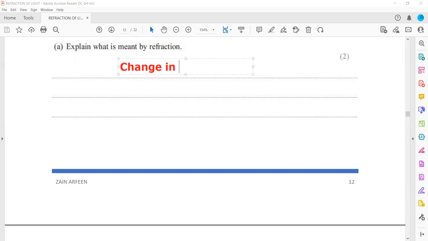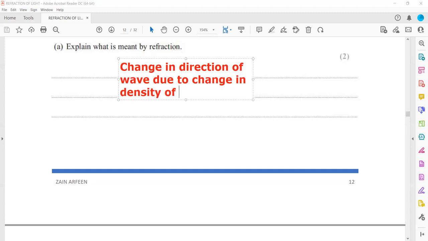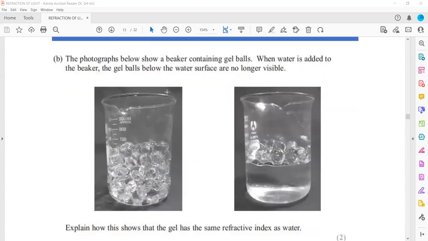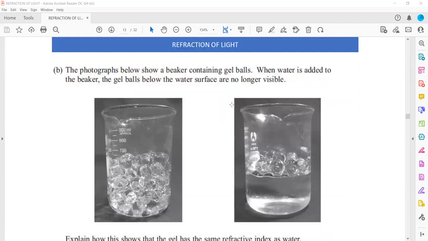So a change in direction of the wave due to a change in density of the medium is known as refraction, or a change in speed of the wave due to a change in density of a medium is also known as refraction.